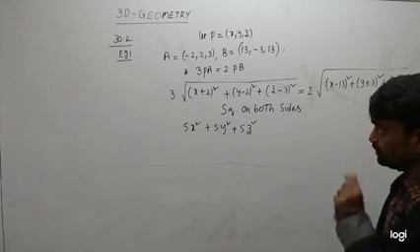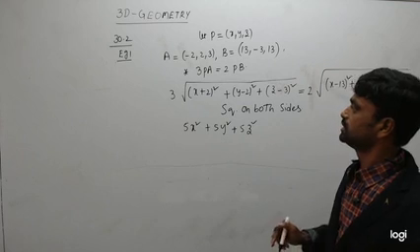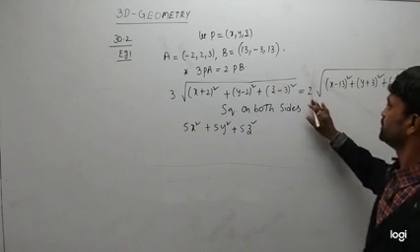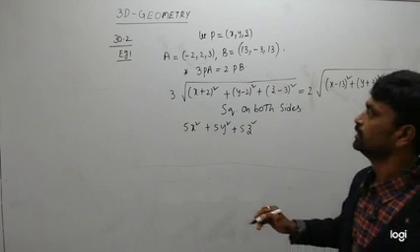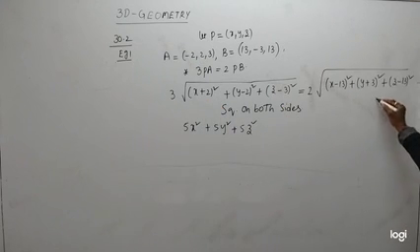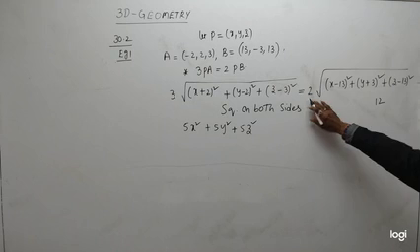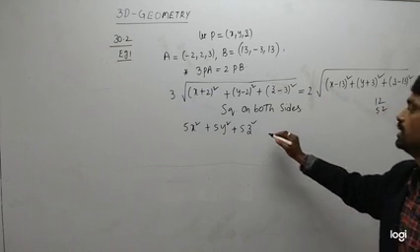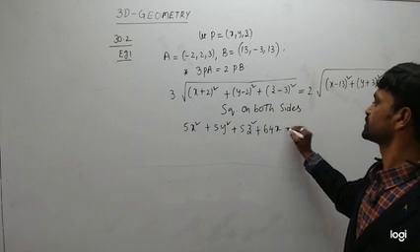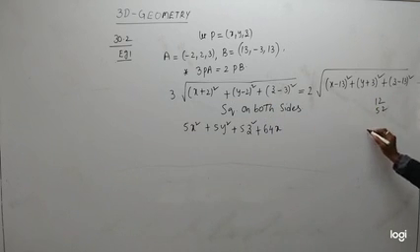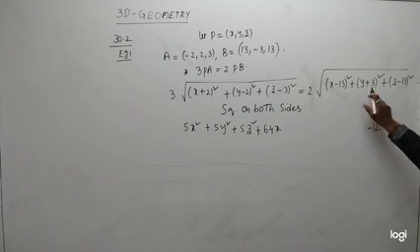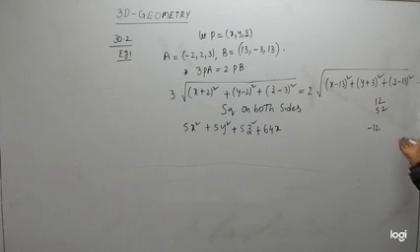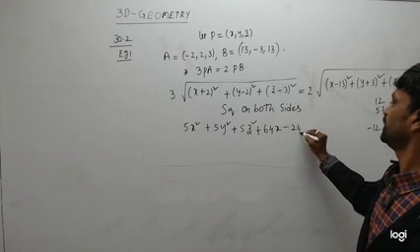Next, 9 fours are 36, here 4 into minus 13 is 52, 4 into 26 is minus 104. So 3 fours are 12, here 2 into minus 26 is 52, so you'll get 64x. Next, 3 into minus 4 is minus 12, here 2 into 6 is 12, and if it comes to that side, minus 24y.